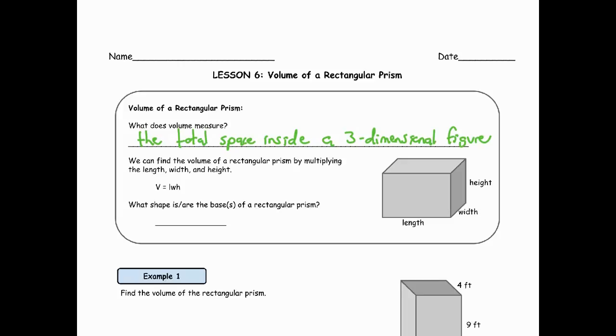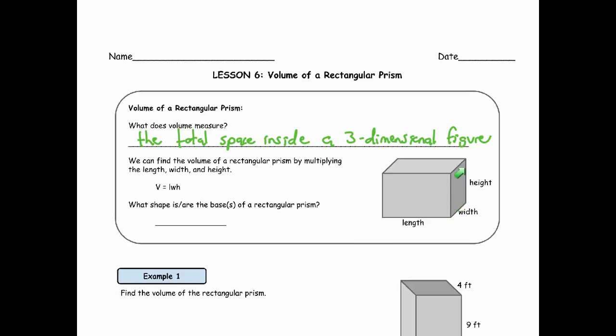So if we look over at the rectangular prism here in the bubble, we can see the length, the width, and the height. What shape is or are the base or bases of a rectangular prism? So if we look at the base of this rectangular prism, we could look at the front face or base. We could see that it's a rectangle.